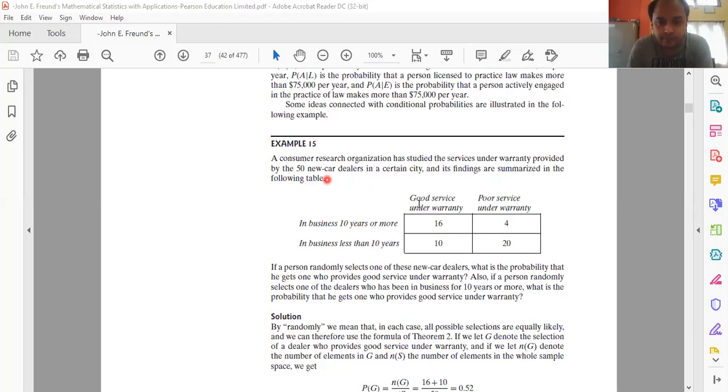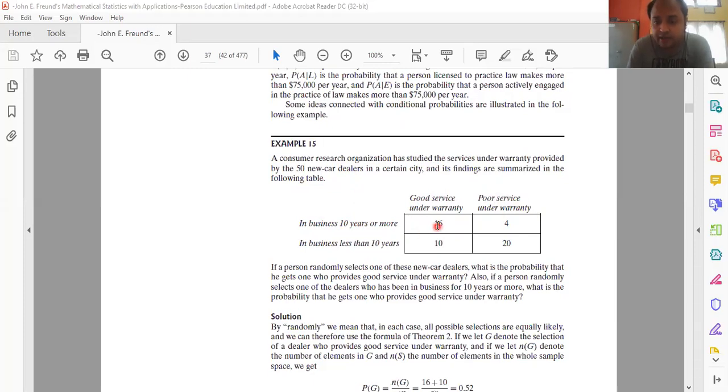Now, they have made a chart. On the left-hand side, the first row heading is in business 10 years or more, and the first column heading is good service under warranty. The second row heading is in business less than 10 years, and the second column heading is poor service under warranty. The figures in the table are the number of car dealers.